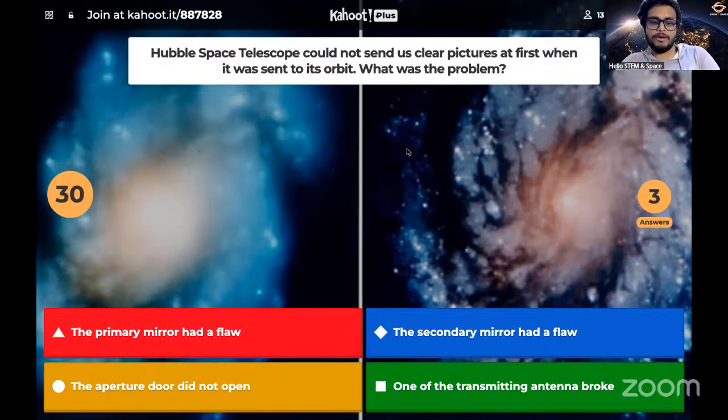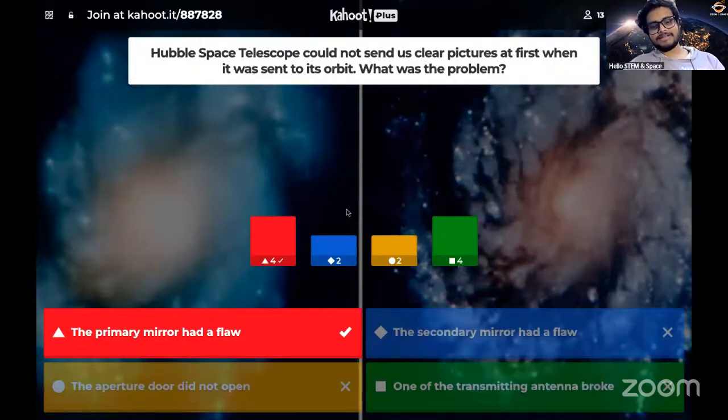What was the problem with the Hubble Space Telescope? The correct answer is the primary mirror had a flaw.